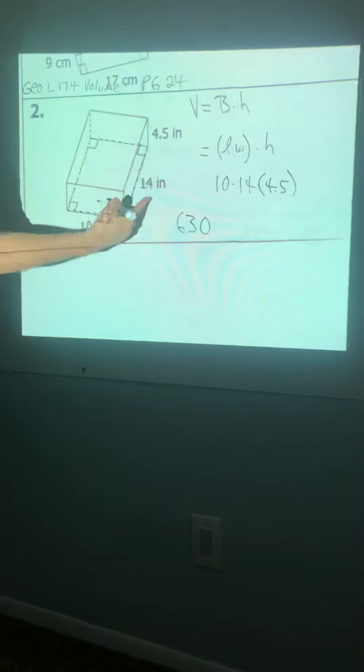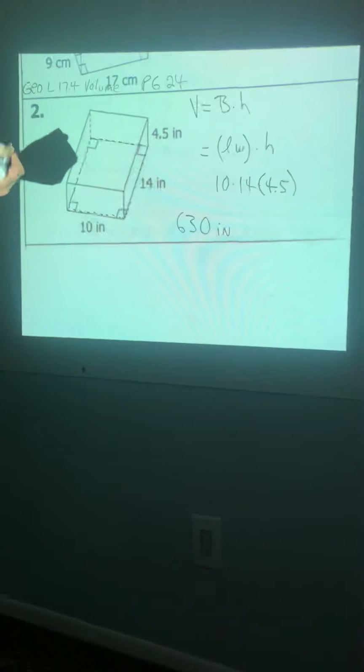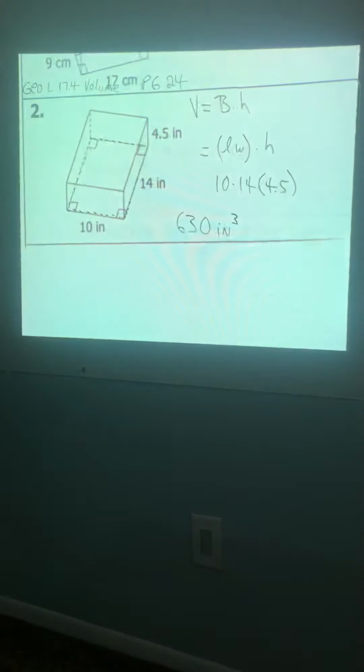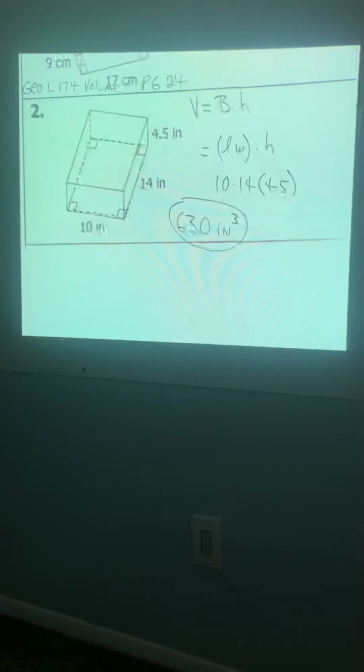Go back to the drawing, it's in terms of inches, and then remember we finally graduated from area, so for volume you're going to put cubic, to the third power. It just means these are three-dimensional shapes and we're filling it, okay? So it's 630 inches cubed is going to be your volume for your rectangular prism.